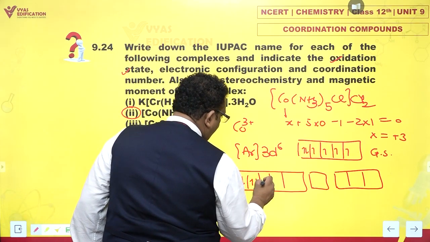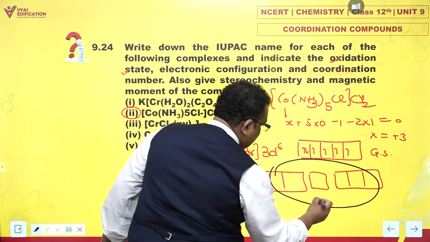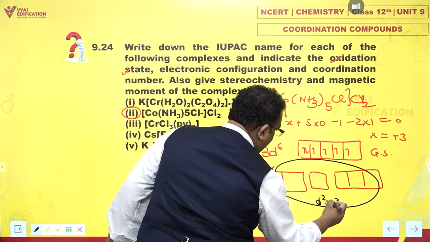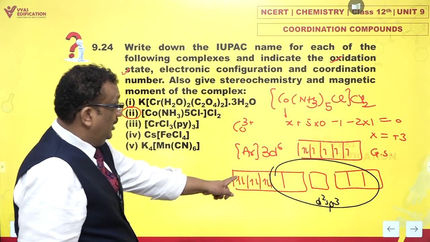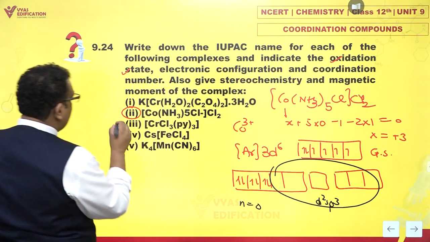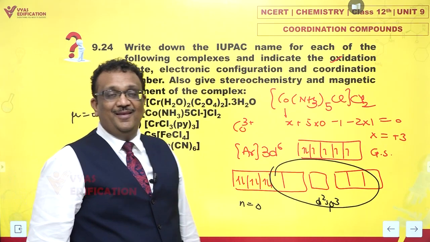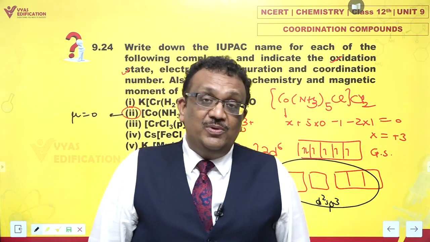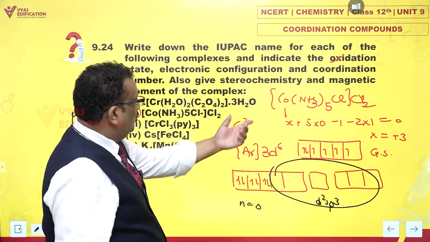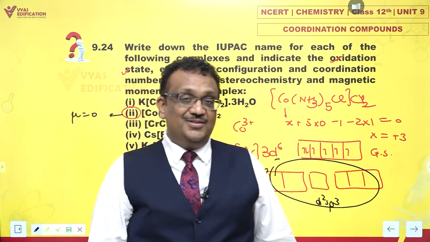1, 2, 3, 4, 5, 6. What about the hybridization? Hybridization will be d2sp3. Unpaired electrons, are they present? No. 0 unpaired electrons. So spin only magnetic moment mu would be 0. What about stereoisomerism? Actually, you have 5 ligands which are identical and only 1 ligand which is different.